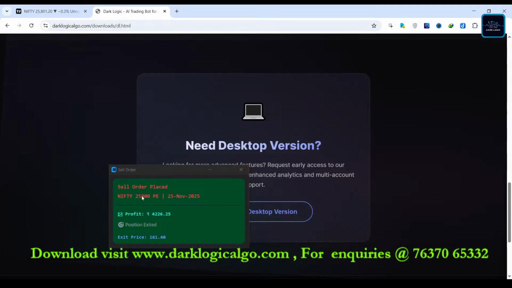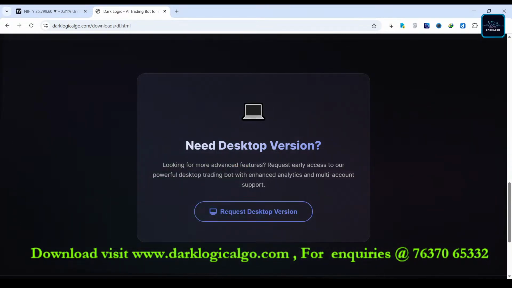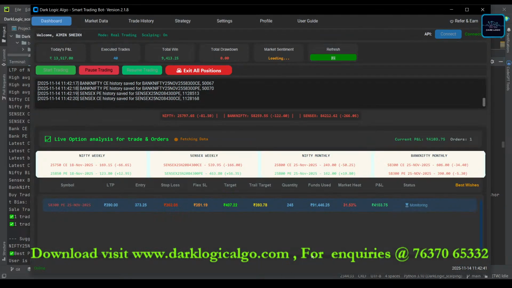We got our Nifty put side sold. You can see over here. Only our Bank Nifty put side is holding the position, and when it reaches 393, that is your trail target, it will automatically start trailing the position.